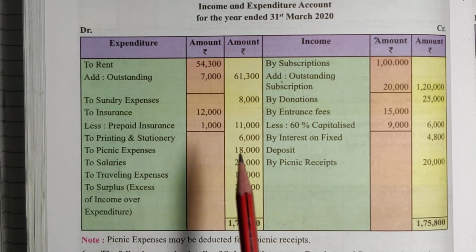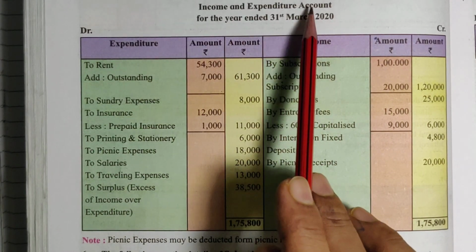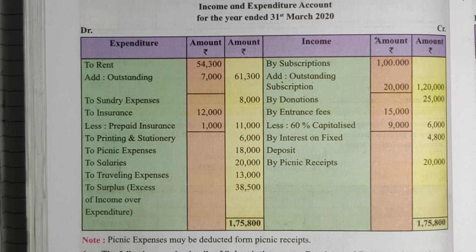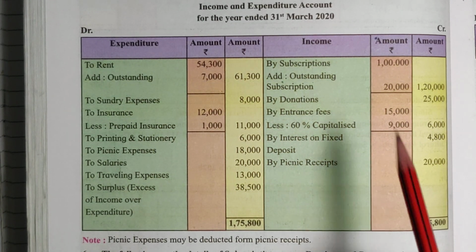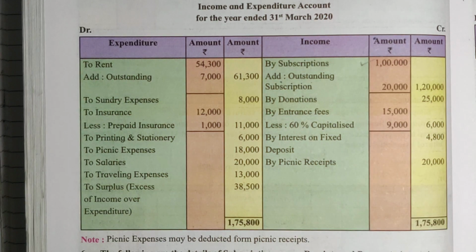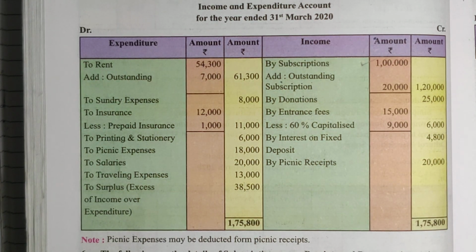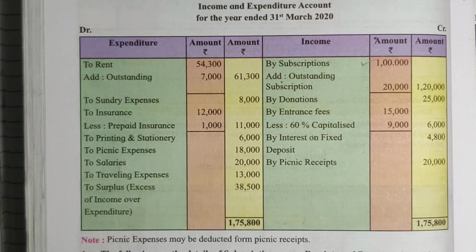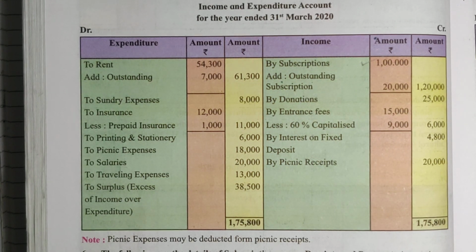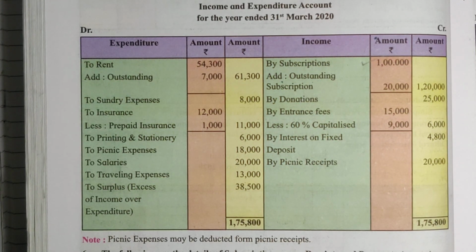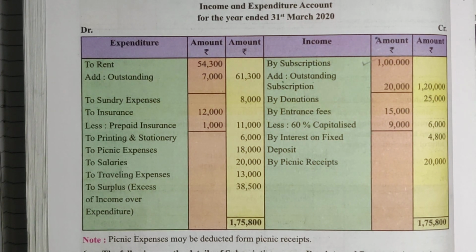If we refer to the solution, that is the income and expenditure account for this year, this is the amount of subscription received during the year 2019-20. We have not recorded subscription received for the earlier year 2018-19 and subscription received for the preceding year, that is 2020-21.